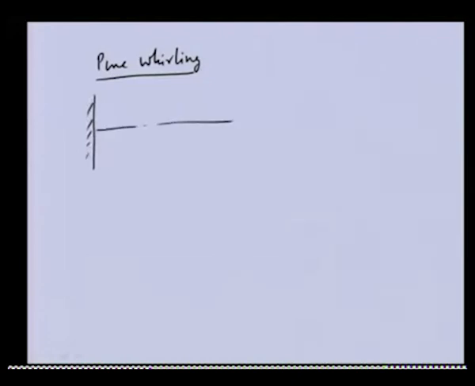So, this is the bearing axis, let us say this is the bent shaft, there is a disc here. Now, as I told, the motion of the disc is slightly difficult for this case. So, we will take a small shaft segment here, of length ds, which is attached to the disc, very close to the disc, and we will try to see the motion of this particular shaft segment.